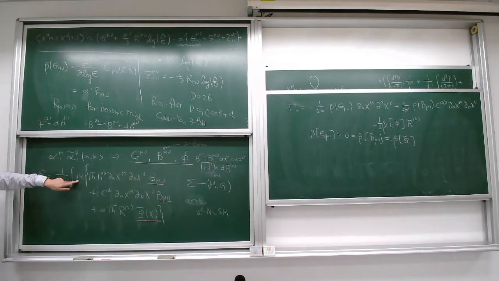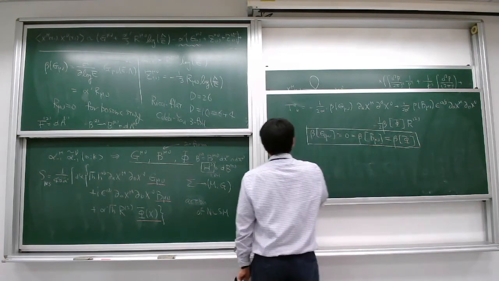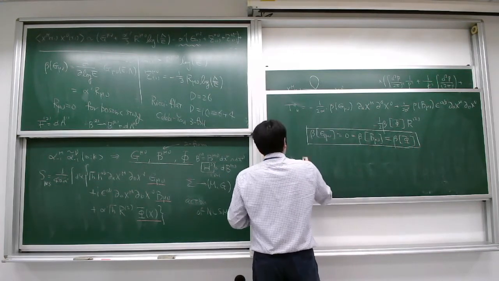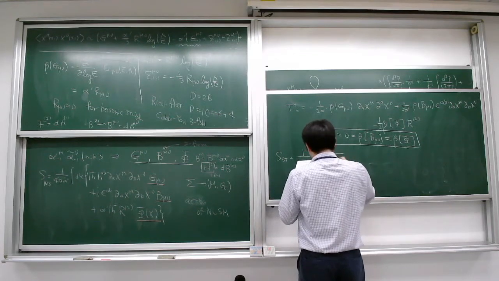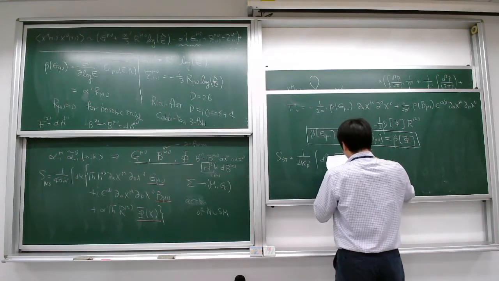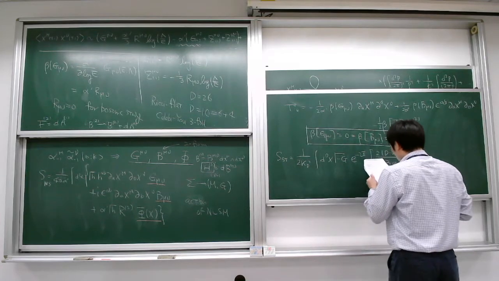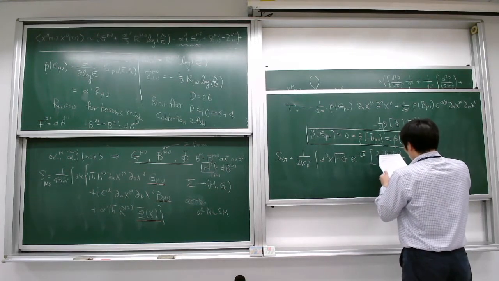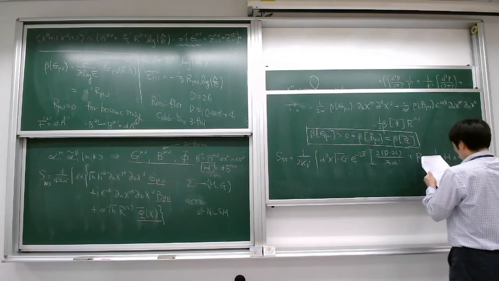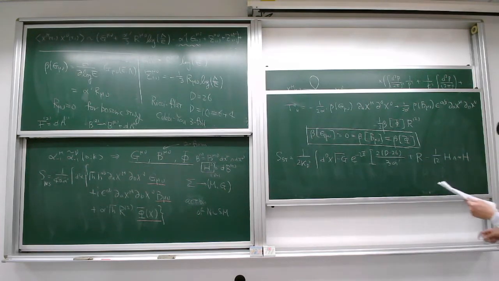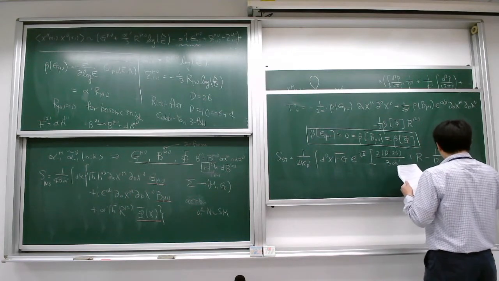But this condition is equivalent to the equation of motion of the space-time action of the following form: integral d^D x square root of minus g e^(-2 phi), and you have the cosmological constant, but this becomes 0 at D equals 26, and then R minus 1 over 12 H wedge star H, plus d phi wedge star d phi, plus all the alpha primes.